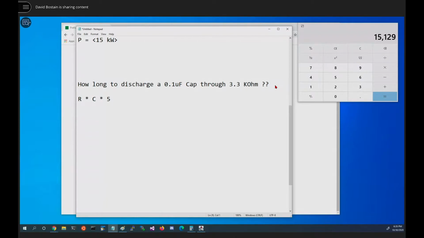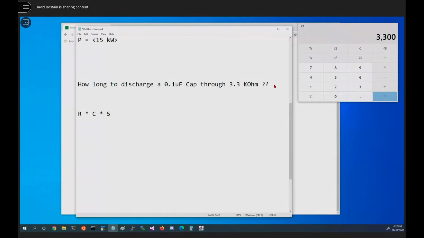The times 5. So our resistance is 3,300. Let me clear this, to make sure I'm working with a fresh screen. 3,300 times 0.1 microfarad.